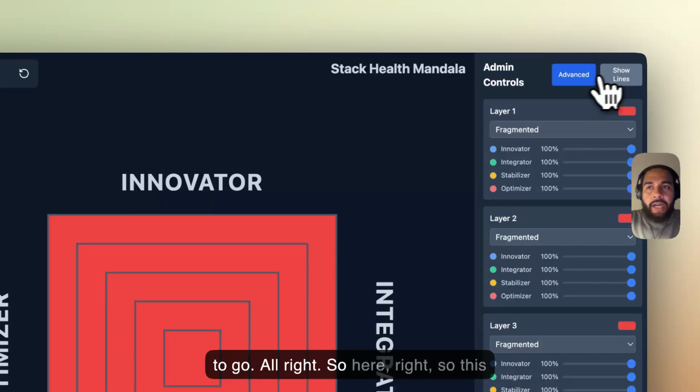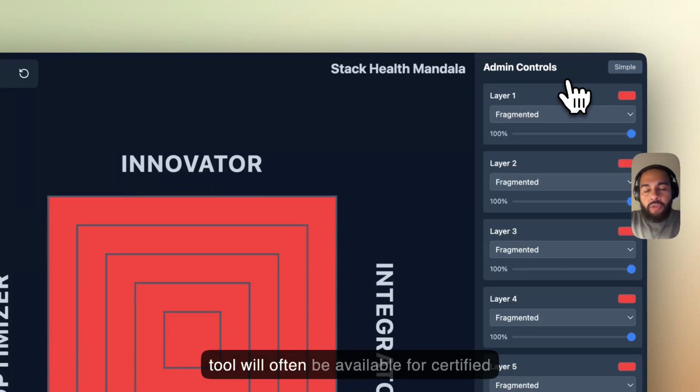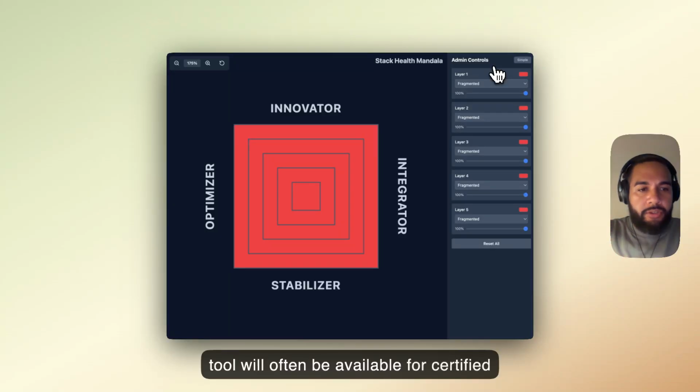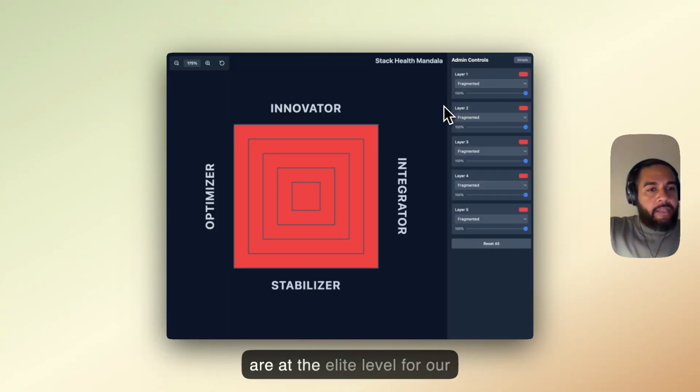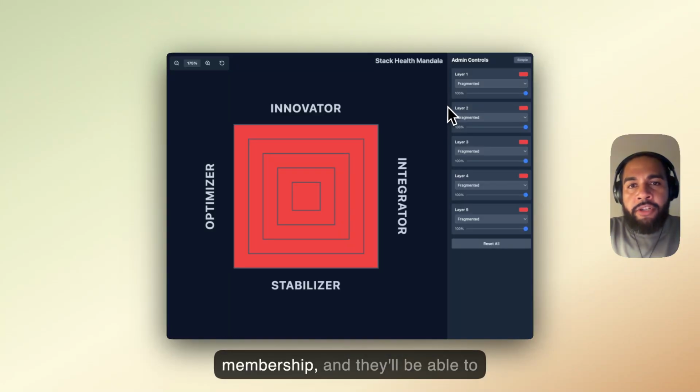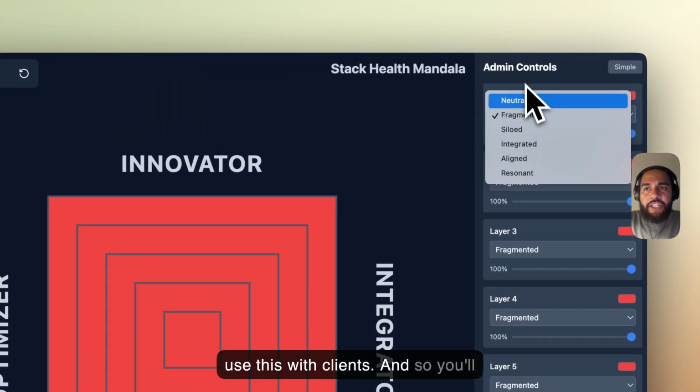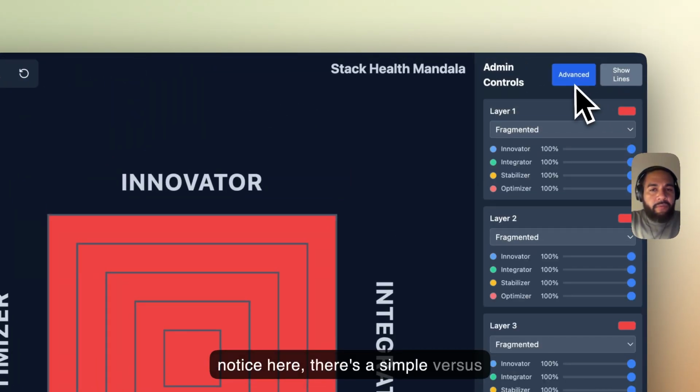All right. So here, right, this tool will often be available for certified practitioners, partners, or those who are at the elite level for our membership. And they'll be able to get these sort of visuals, right? But I use this with clients. And so you'll notice here there's a simple versus advanced.